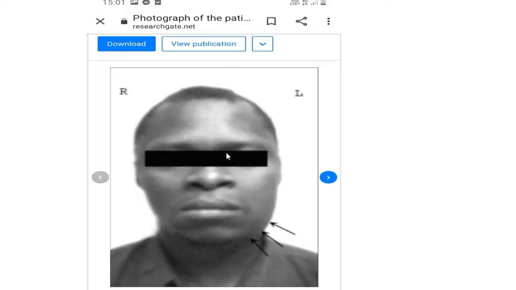So this is the appearance of the patient with the fibrous dysplasia, with this lesion, and it shows the well demarcated and aesthetically seen enlargement of the lower jawbone.